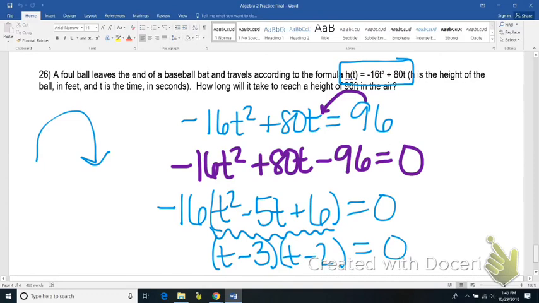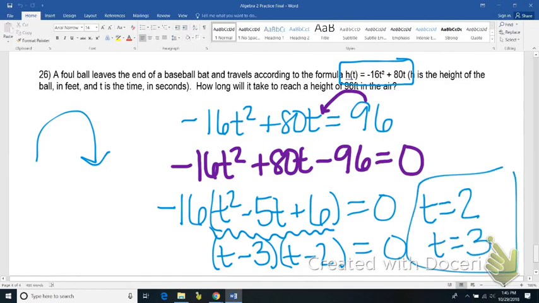Okay. Now, because you get 2 negatives, won't both of my answers be positive? Yes. Okay. If we're talking time, and you guys get 2 different answers that are positive, they are both correct because it would hit a height of 96 going up and coming back down.